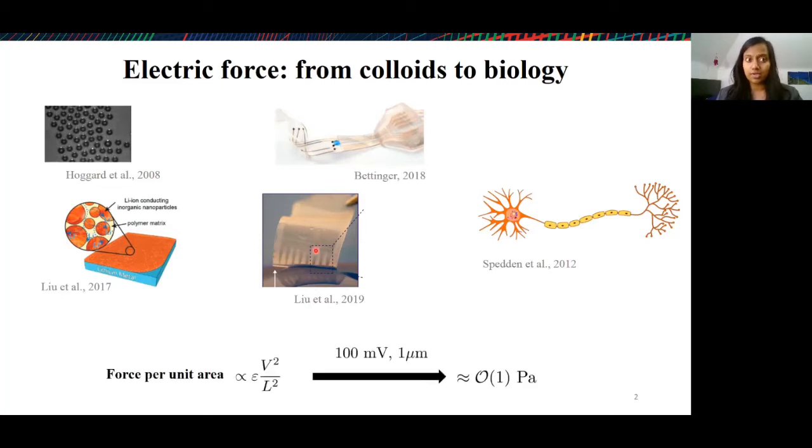One thing I want to point out about all these systems is that the actual electric force, whether it's in colloidal systems or in biological systems, is kind of small. The force per unit area is about a few pascals, and so these have been really hard to measure for a really long time. But recent advances in experimental methods have allowed the measurement of these electrical forces very precisely.